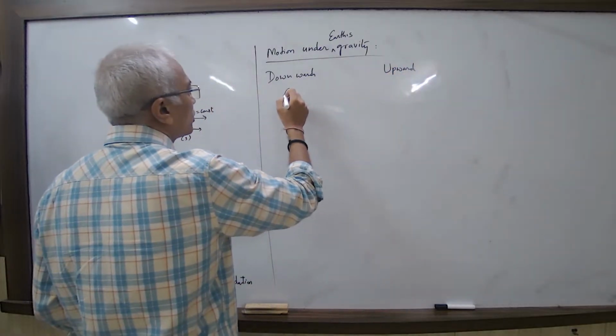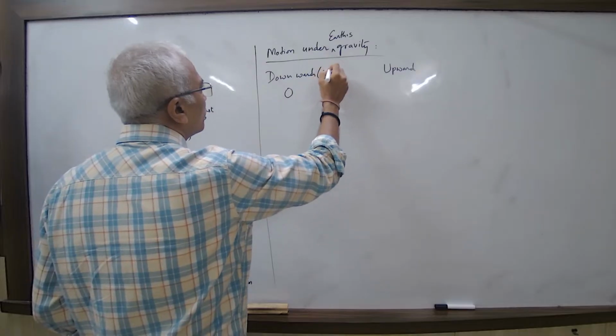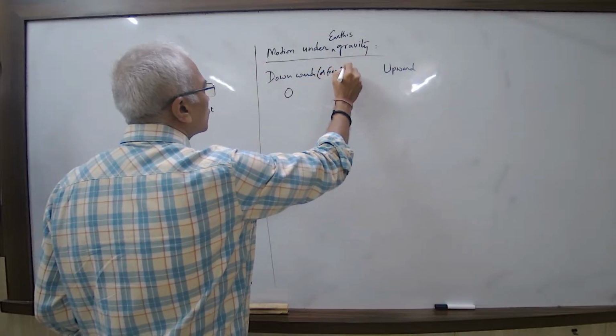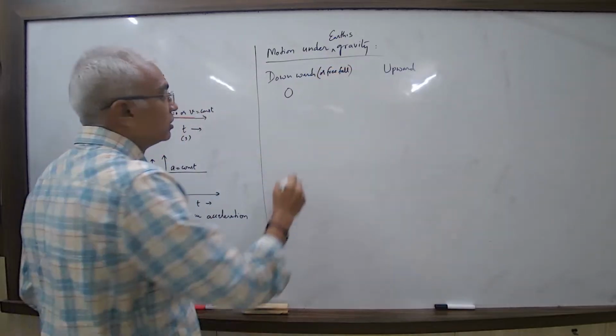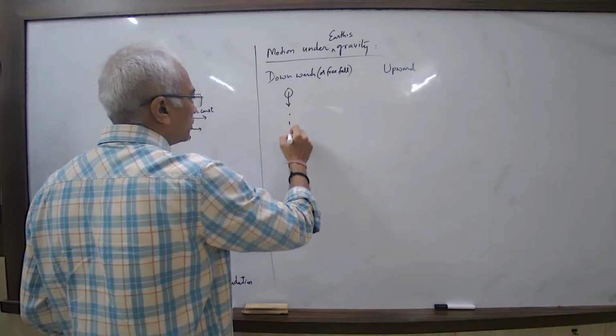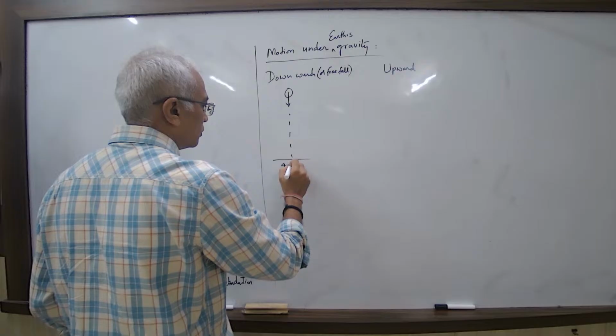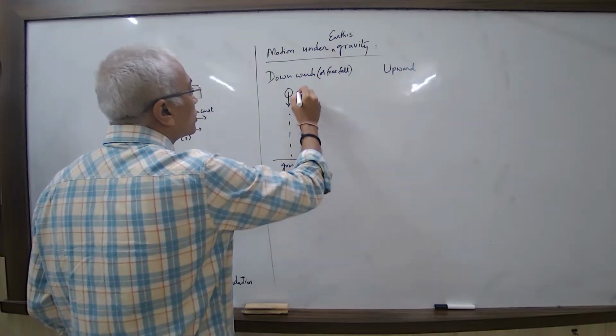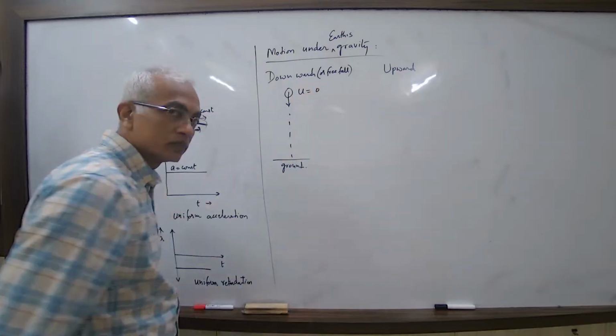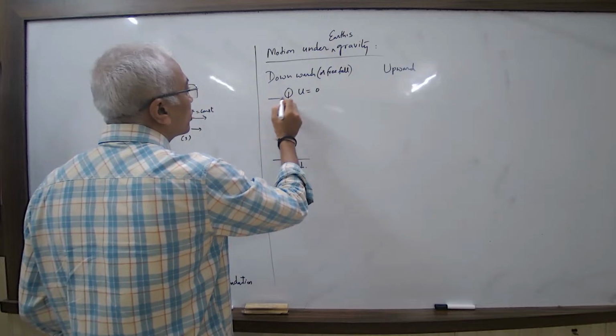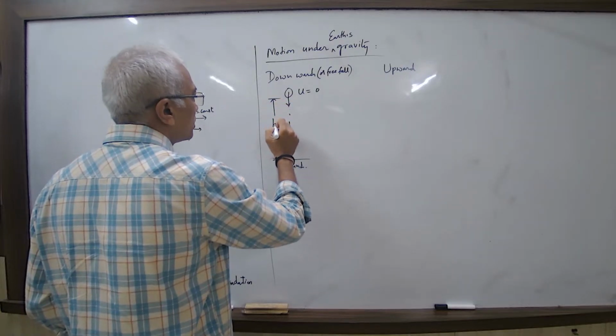So in downward motion or free fall it is, okay, downward motion, the object will come and fall on ground. So its initial speed will be 0. Then whatever is the distance, that was its height.